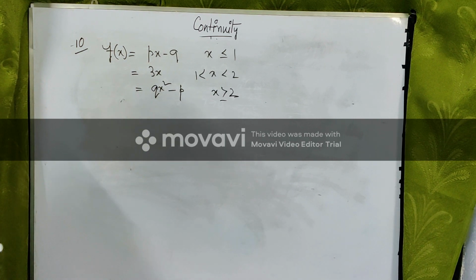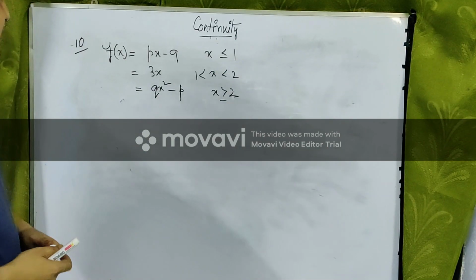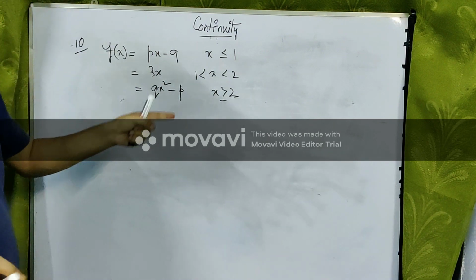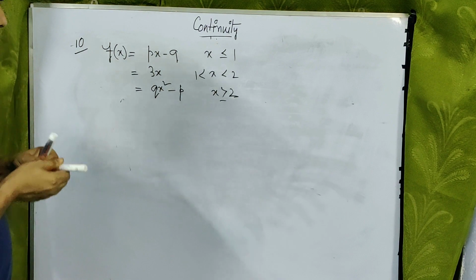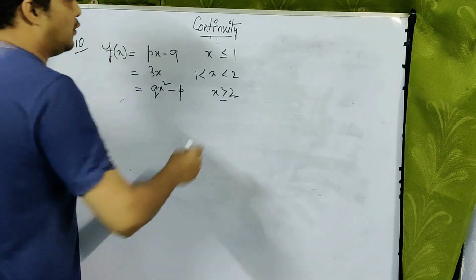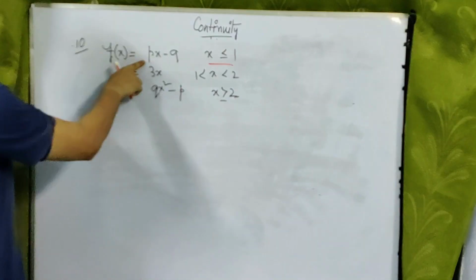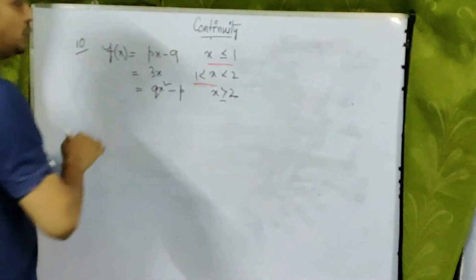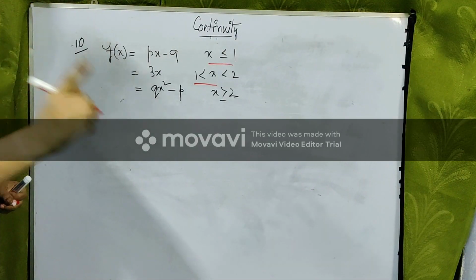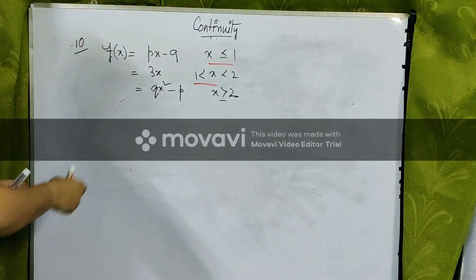Now, because the function is continuous at x equals to 1, from the definition we have to find out how it is defined for x equals to 1. When the value of x is less than 1, it is defined in this way. When the value of x is greater than 1, it is defined in this way. And when x equals to 1, it is again defined in this way.